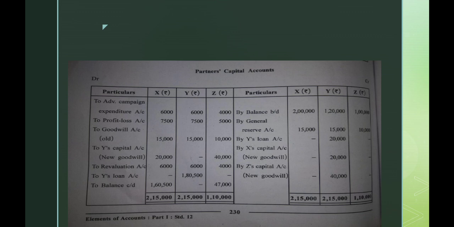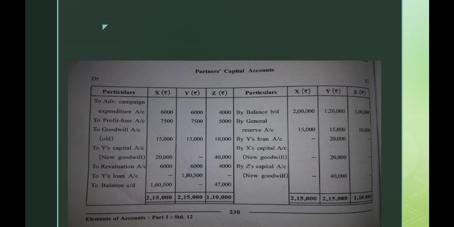You already know the process of totaling. The only new thing here is about totaling the column of retiring partner. So let us total the column of retiring partner first, that is Y, the column of Y. Credit side, it is 1,20,000 plus 15,000 plus 20,000 plus 20,000 again and plus 40,000.